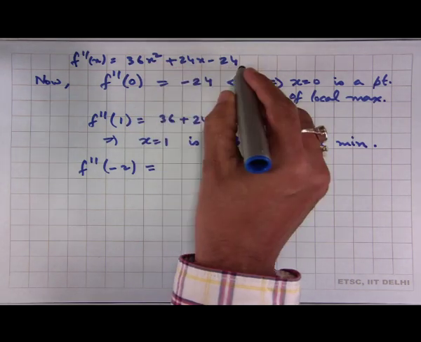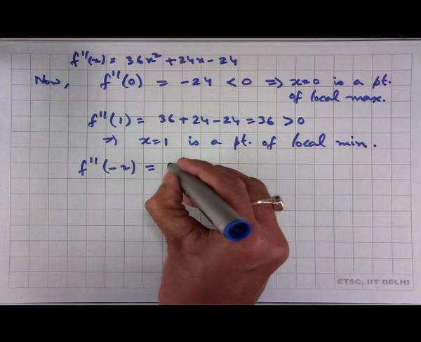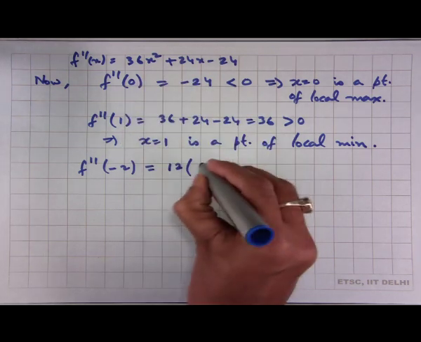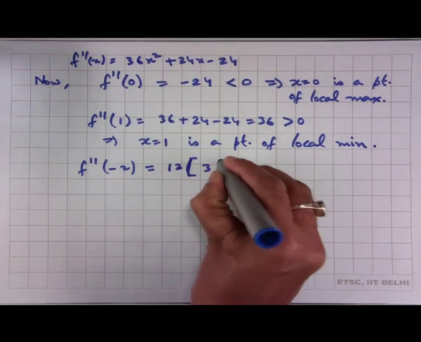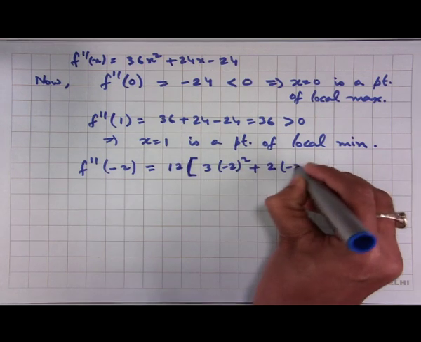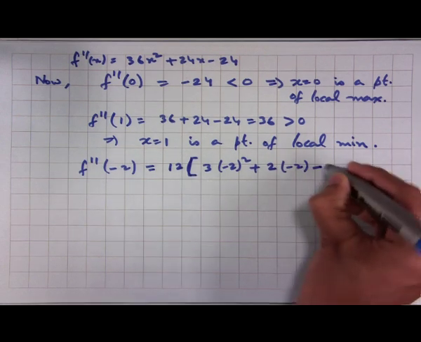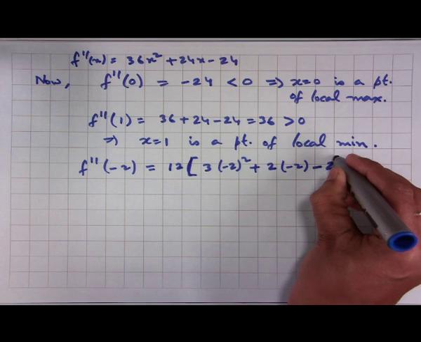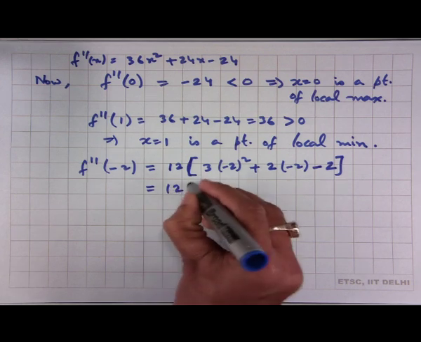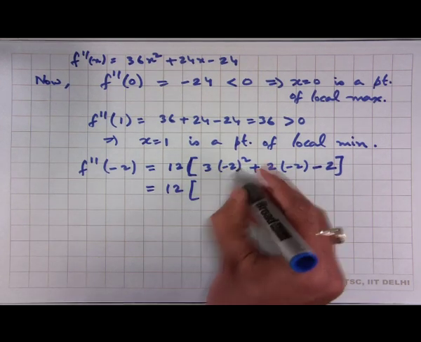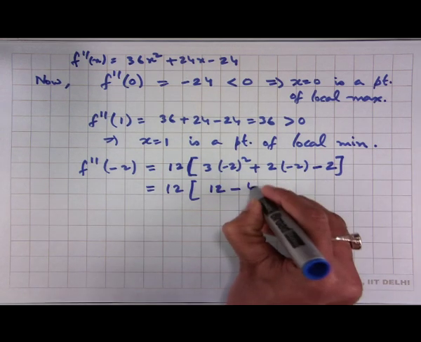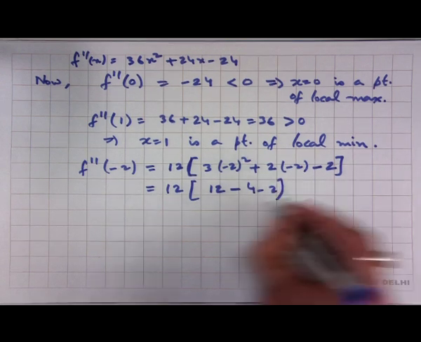And f double prime at minus 2 is equal to, so here we can factor out 12, and then we have 3 times minus 2 squared plus 2 times minus 2 minus 2, which is equal to 12 times 3 times 4 is 12, minus 4, minus 2, which we see is positive.